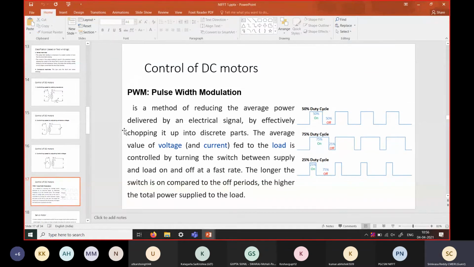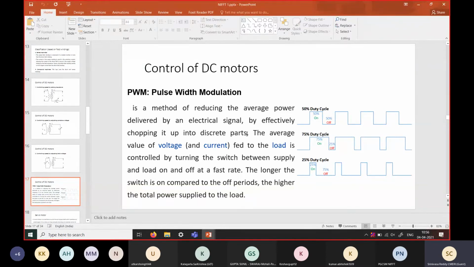So PWM is nothing but an on and off signal. It can be a signal, or it can actually be a voltage source variation to decrease or increase voltage.